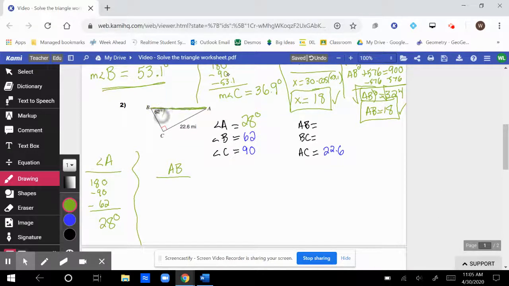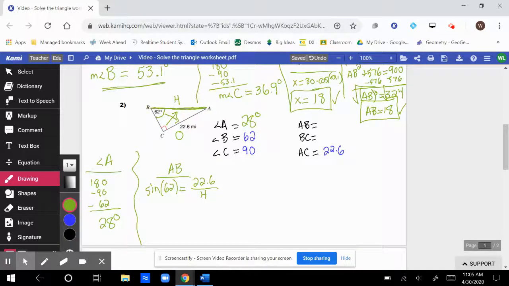So I'm going to use 62. In terms of 62, 22.6 over here is the opposite. AB, what I'm solving for, is across from a right angle. We know that's always a hypotenuse. O and H, so sine. Okay, so sine of 62 equals opposite over hypotenuse, 22.6 over H.